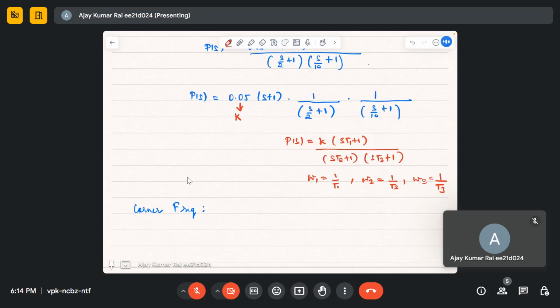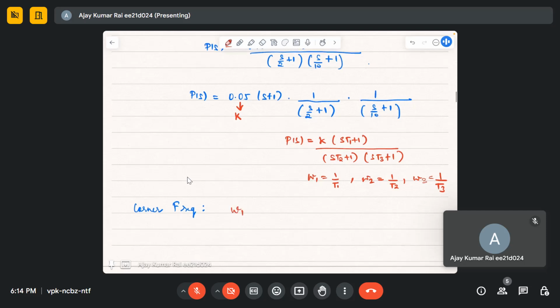Directly I have given the answer. If you see the numerator, s times 1 plus 1, so T1 is equal to 1, T2 is equal to 1/2 and T3 is equal to 1/10.